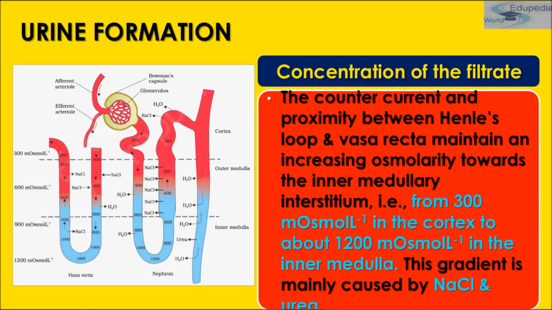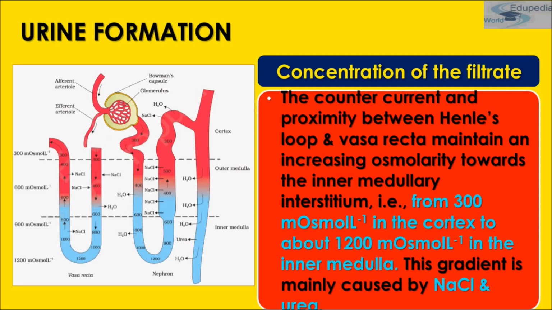The loop of Henle is surrounded by medullary interstitial fluid. The medulla also contains the vasa recta, part of the peritubular capillaries from the efferent renal arteriole.